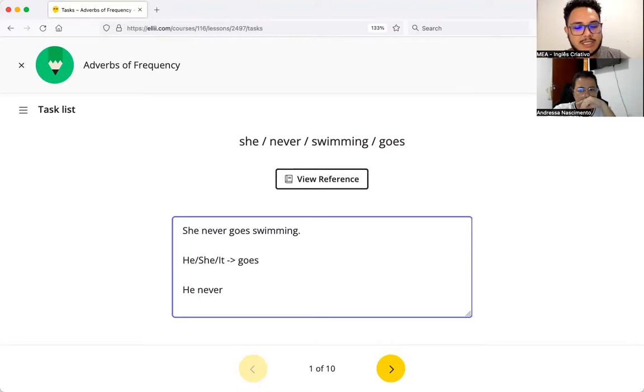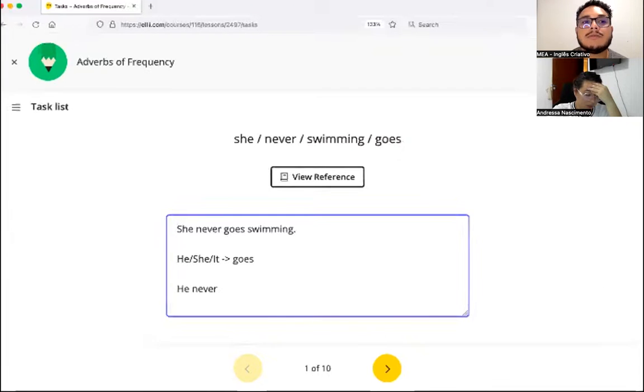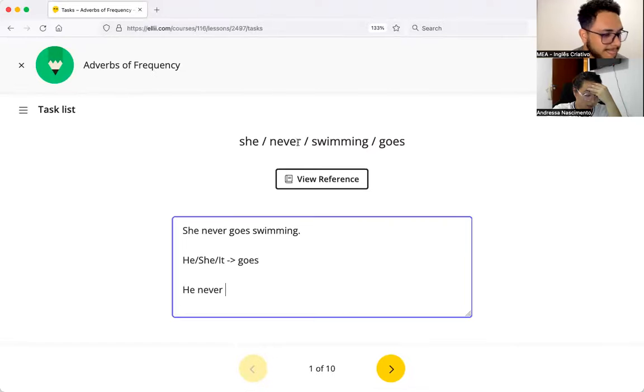Create your sentence. What is the verb that you want to use? I have no idea, really. Wait, let me think. Play. Plays. Look at the S of the present.